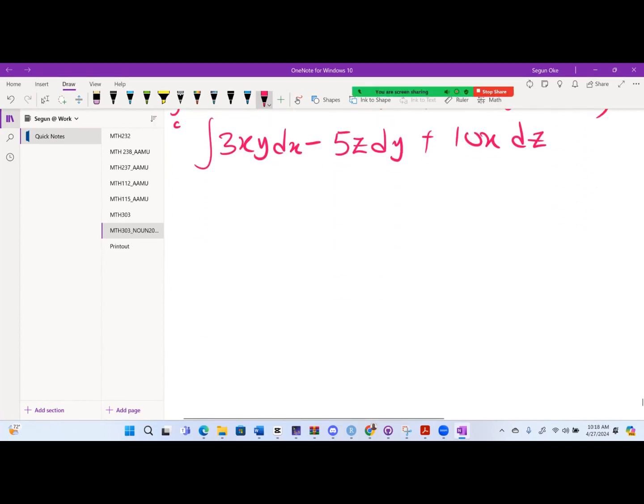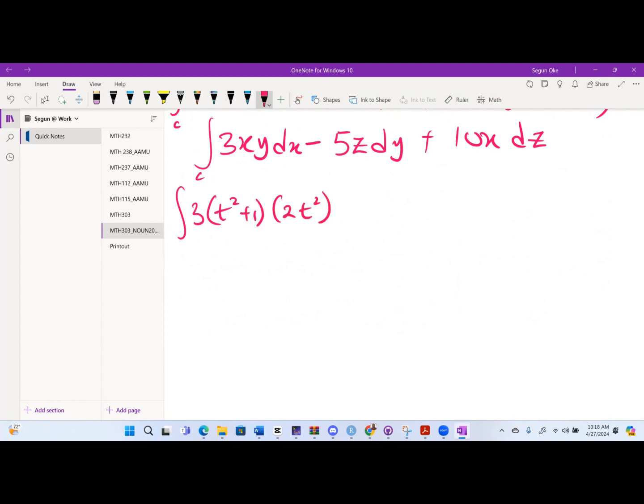My x is t squared plus 1, my y is 2t squared, so dx is d of t squared plus 1.